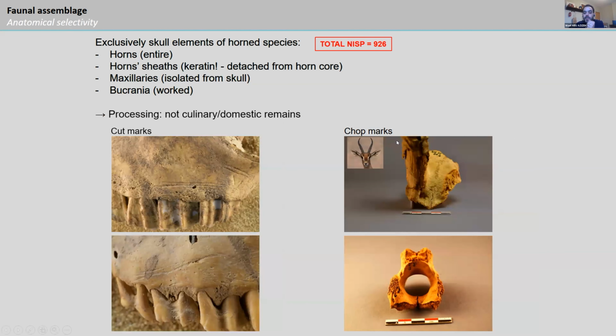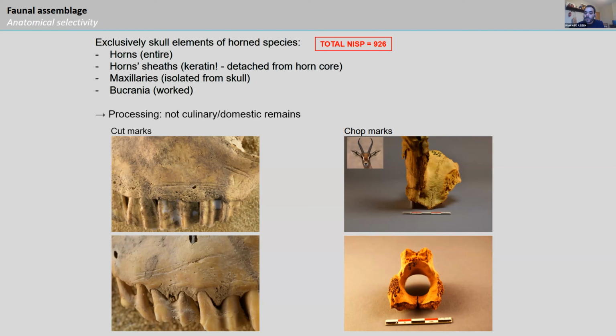So the remains show various forms of marks, cut marks as well as chop marks, which result from the preparation of these elements. These scars are definitely not the result of culinary or domestic preparation. They instead indicate that these faunal remains were prepared as objects.